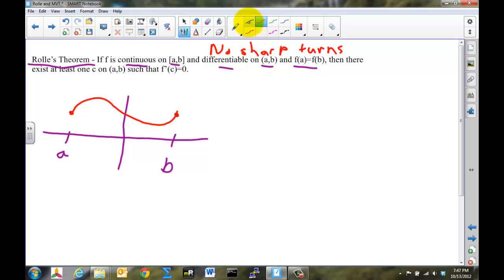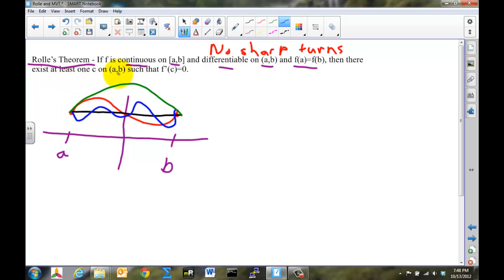It doesn't have to do that. It could be the simple choice of just a straight line across. Or it could be just one big arch up in the air, or one big arch down. Or it could go up and down and up and down. But you get the idea. So those are the type of functions that we're talking about when we talk about Rolle's theorem.